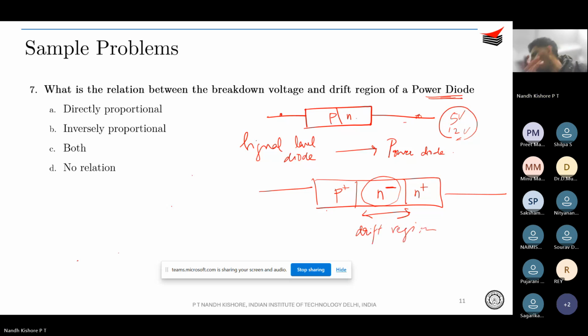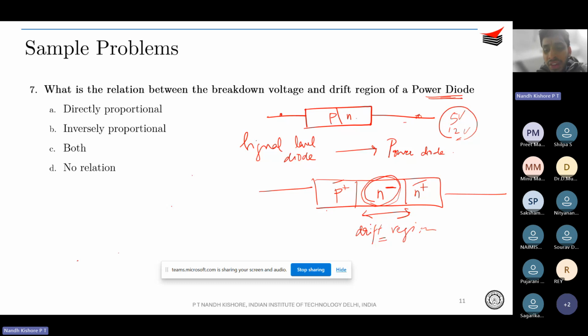So this is known as the drift region. This particular region actually gives the diode its voltage blocking capability. These are the conventional P and N regions that you have in a normal signal level diode, but what gives it the voltage blocking capability is actually this drift region.